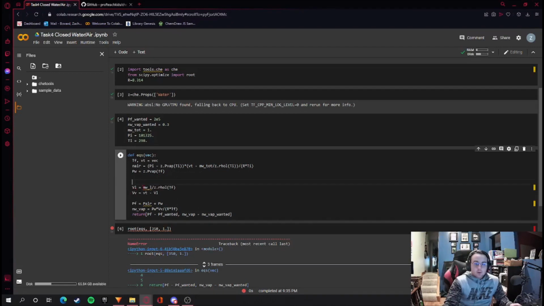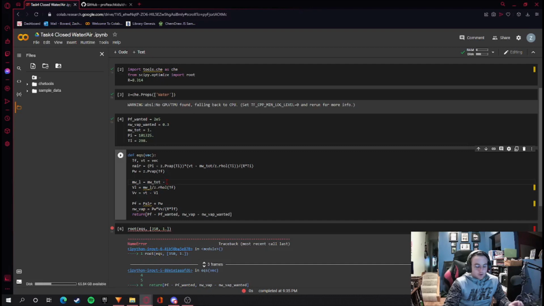So now we are going to make an equation for the mass of water in the liquid phase. What that looks like is our total mass of water minus our mass in the vapor phase.